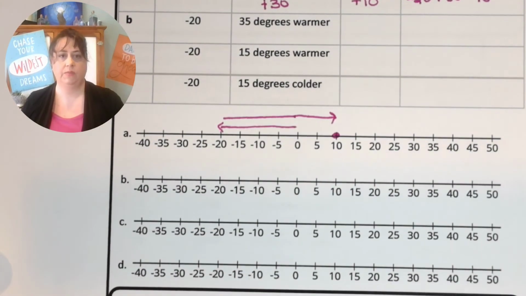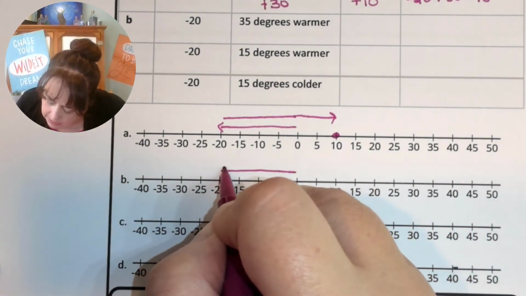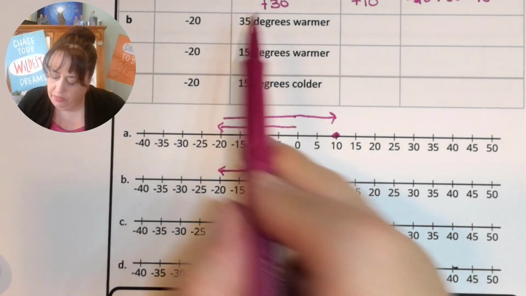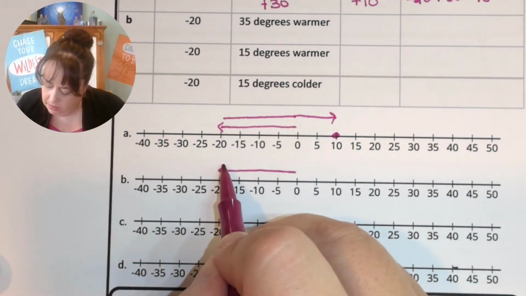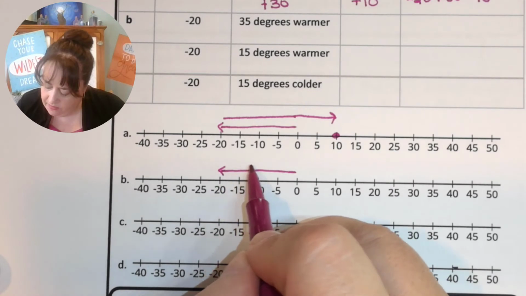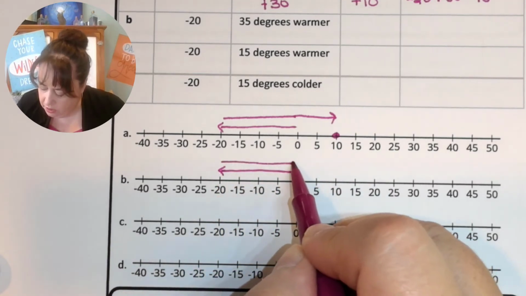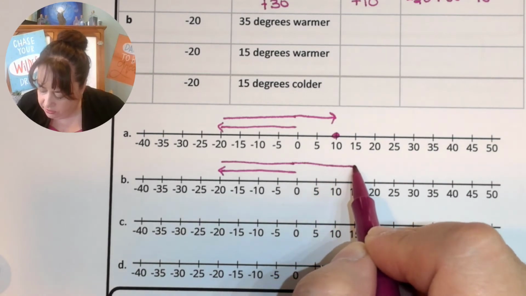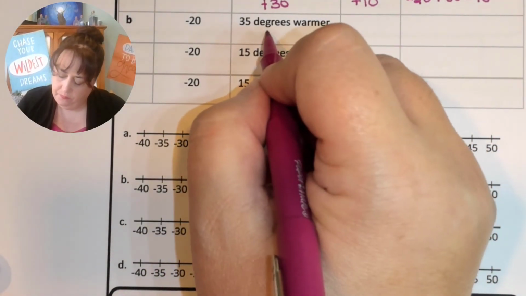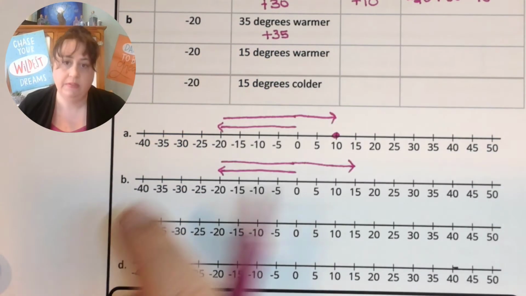Okay, let's do the next one. Again, we had to go backwards to negative 20 and 35 degrees warmer. So 5, 10, 15, 20, 25, 30, 35. So it was getting warmer.